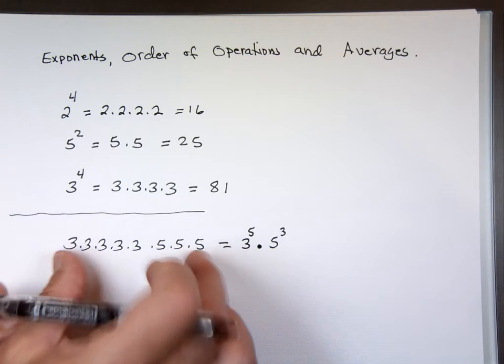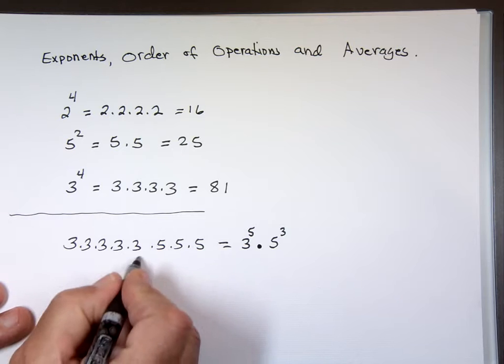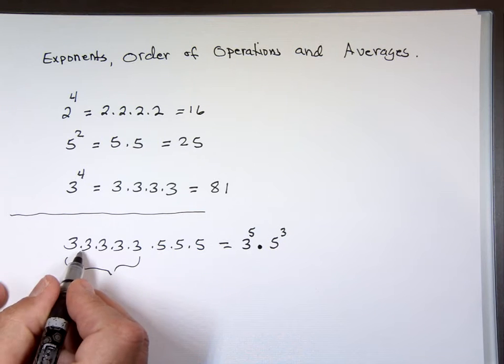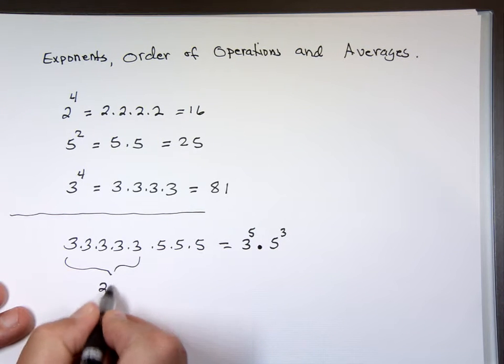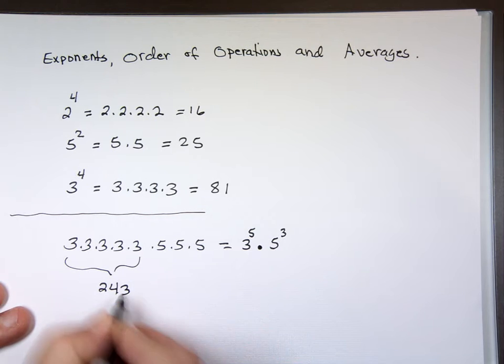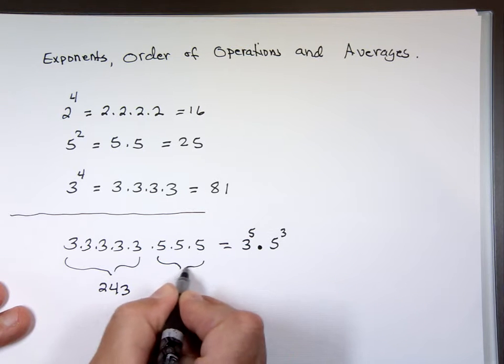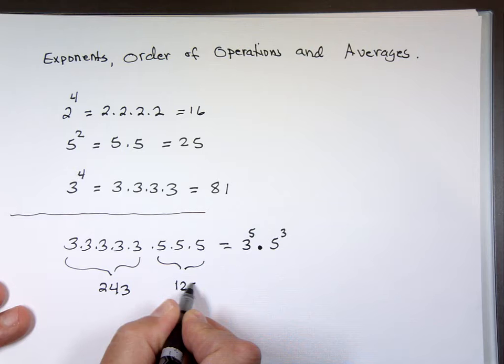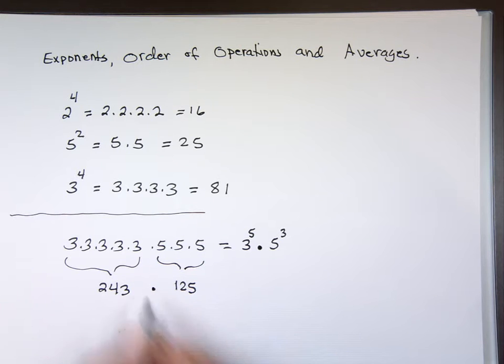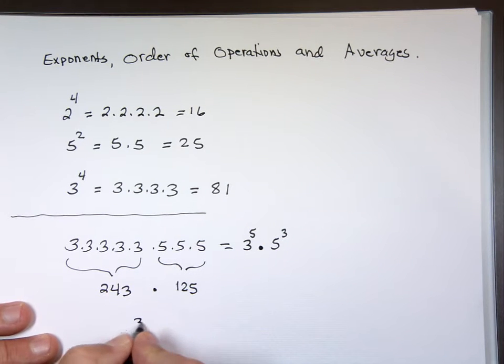So if you want to know what the answer to this is, you multiply this piece, which is, I think, 243, and you multiply this one, which is what? 125. And if you multiply the two answers, I'll cheat here, because I'm assuming you know how to multiply, 243 times 125, and the result will be 30375.